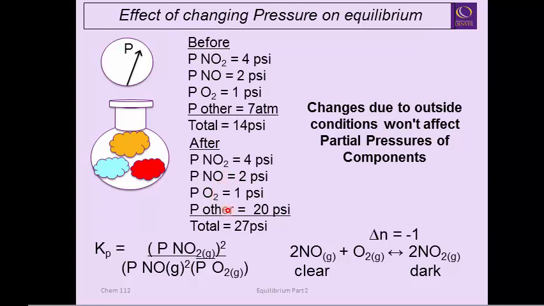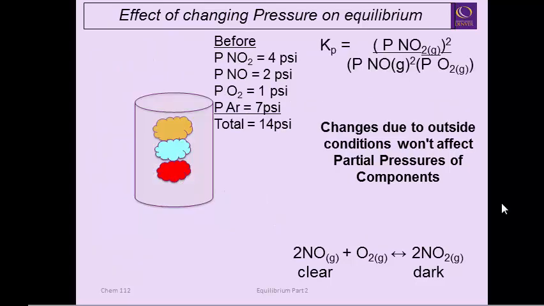So the total pressure increased, but the partial pressure of each of these would not be affected in that manner. So consequently, when you put these into the equation, whatever you calculate before, which goes into the equilibrium expression, is the same numbers that you put in after. So there is no change in equilibrium whenever things shift, because there's just a change in the lab pressure in an open system. All right?